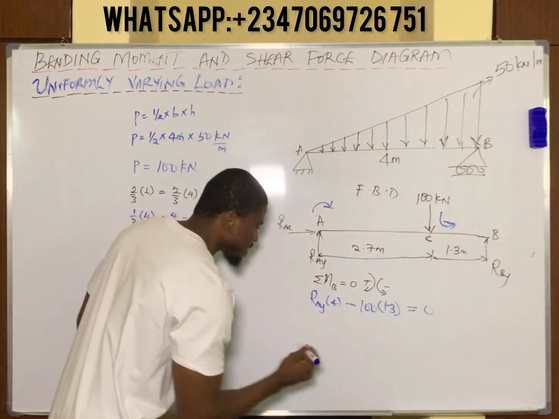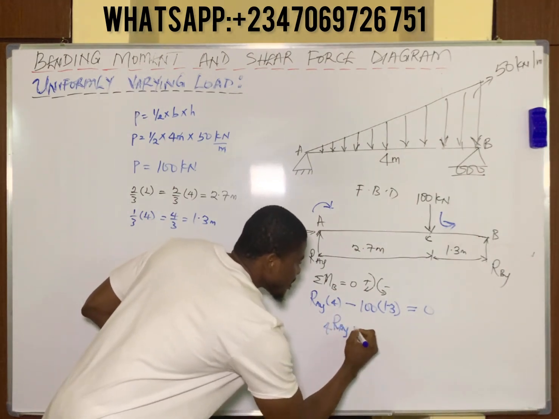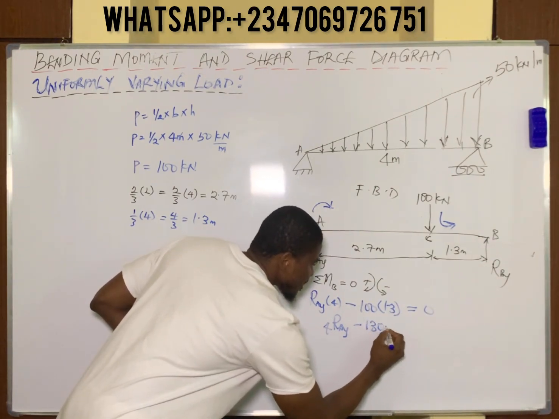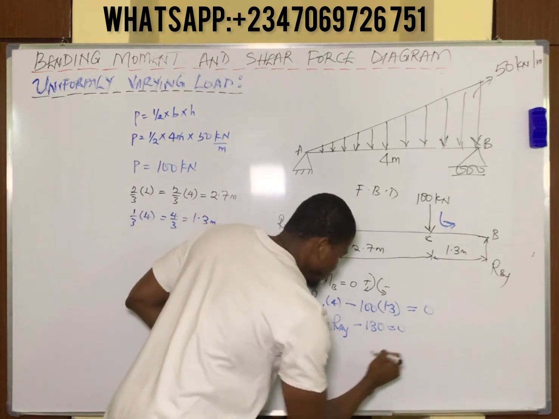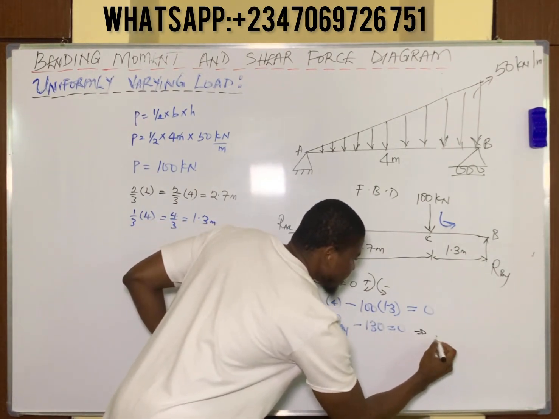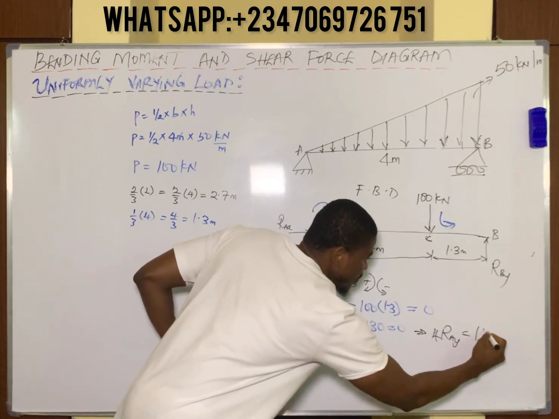So RAY times 4 gives us 4RAY, minus 1.3 times 100 gives us simply 130, and this is going to be equal to 0. So you can simply send negative 130 over here. This simply implies that 4RAY is equal to 130.